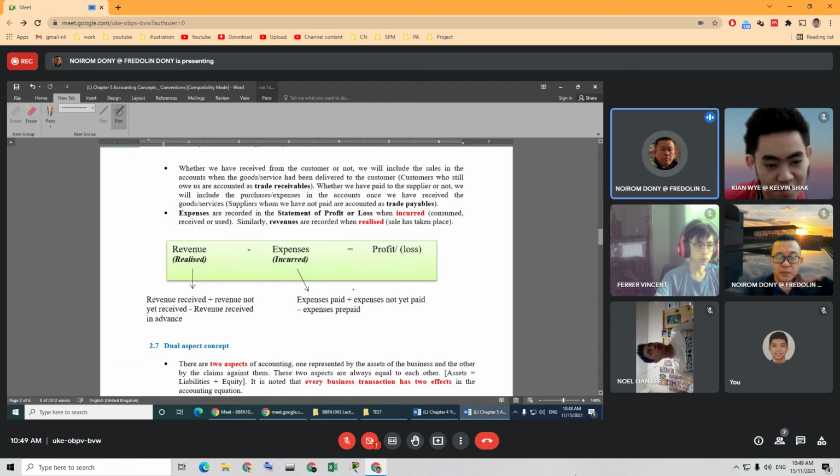So what is the difference between these two? Matching is a guideline. We only match revenue as it is earned and expenses as it is incurred in the same accounting period. And the accrual concept is a method to guide us on how we recognize the revenue and how we recognize the expenses.